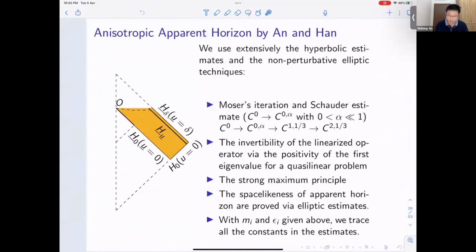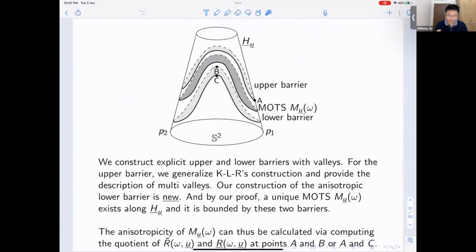To achieve this, this is the mold we want to solve, and we construct very explicit upper and lower barriers to make sure the shape of the mold is as follows. For the upper barrier, we generalize the result by Klainerman, Luk, and Rodnianski, and we generalize their construction and provide the description of multi-values.